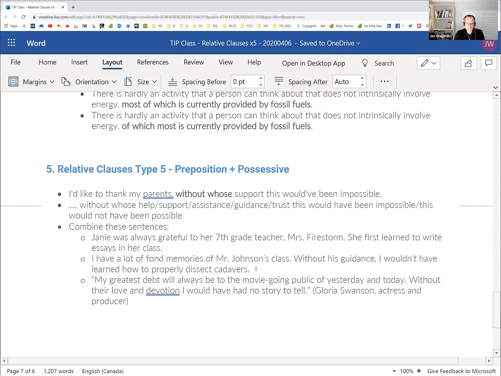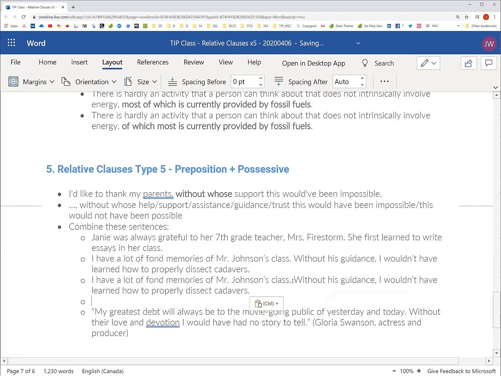I don't know what possessed me to come up with this example, but here we are. Without whose guidance. Yes, change it. And how do we spell whose? W-H-O-S-E. There we go.